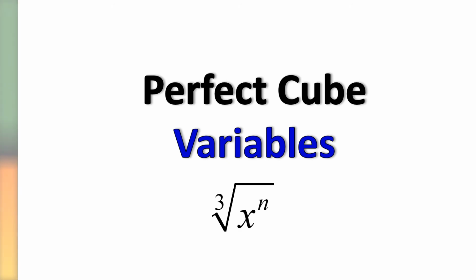Let's move on to perfect cube variables. So you know that it's a cube root because you have an index of 3 on the outside. So if the exponent of the variable is divisible by 3, its index, then it is a perfect cube variable.